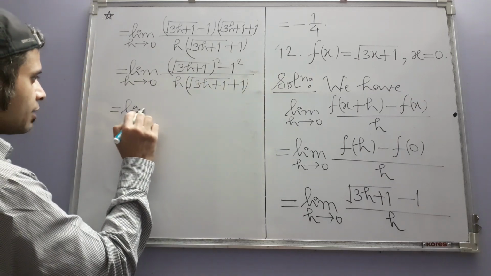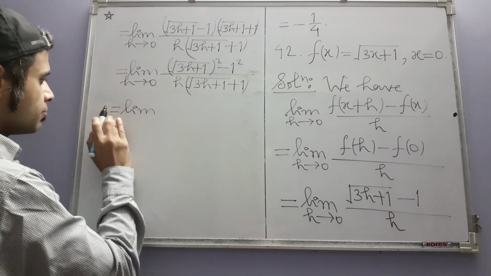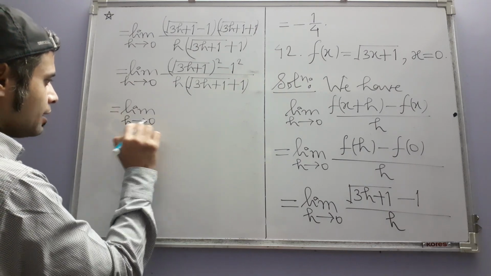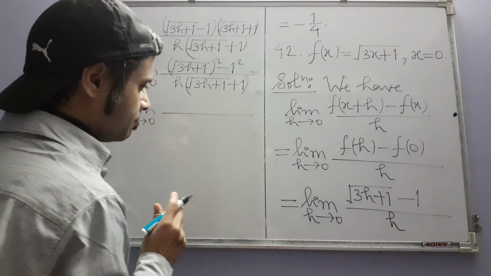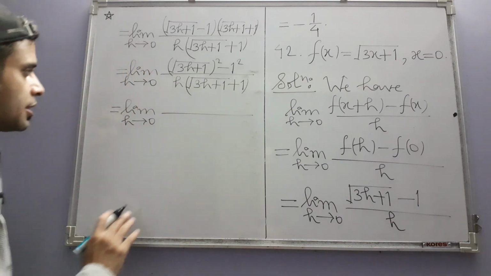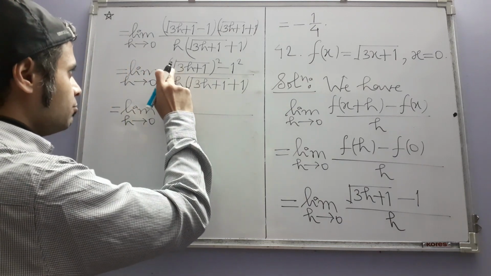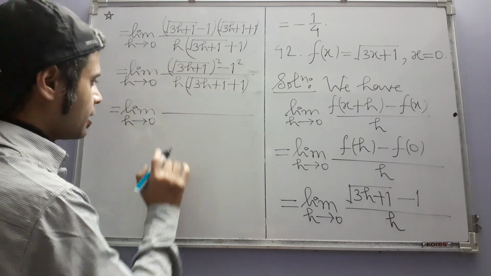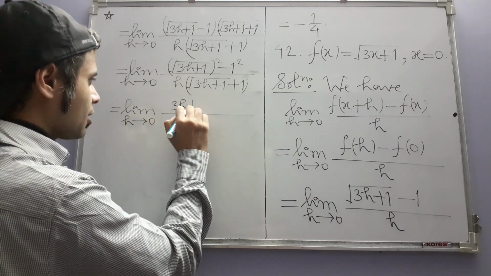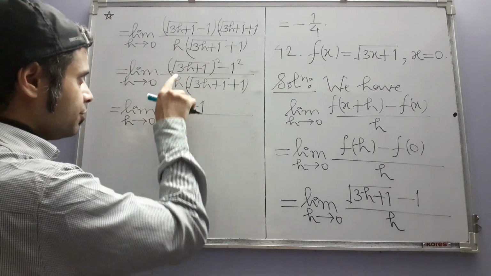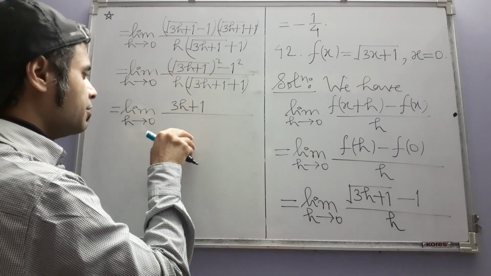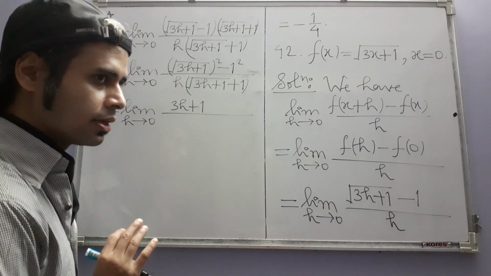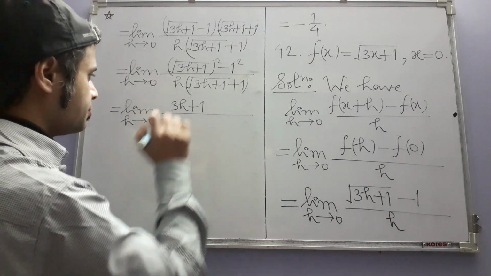And one more thing that I forgot to say in exercise 30 is that when we lift this square root and write 3h plus 1, we are assuming that 3h plus 1 is a non-negative real number. Okay, so that thing is there.